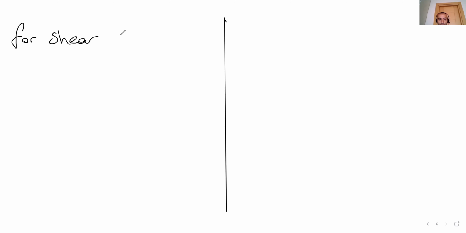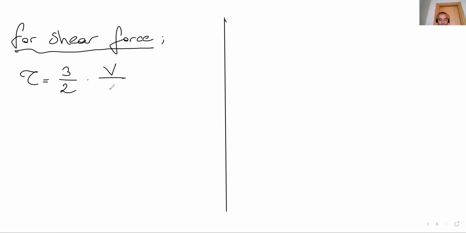For shear force, for rectangular sections, what we were doing, the tau was 3/2 V over A for rectangular sections.